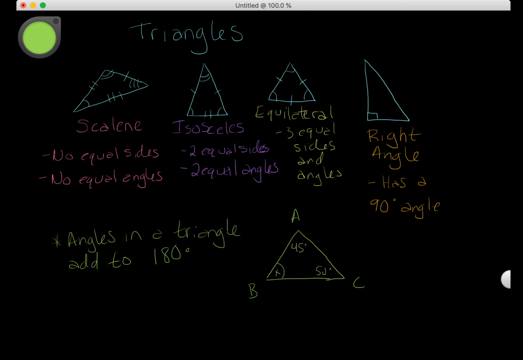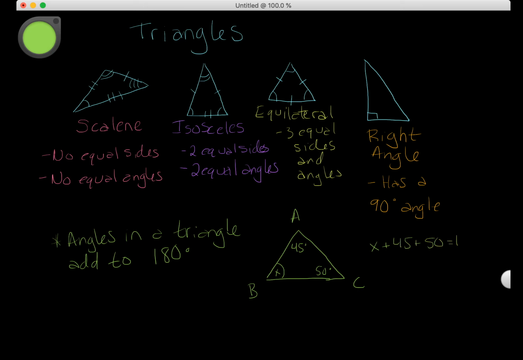We can find the missing angle because we know that the triangle will add up to a total of 180. So to find our missing angle, we could say x plus 45 plus 50 equals 180. To figure that out, we will isolate for x.